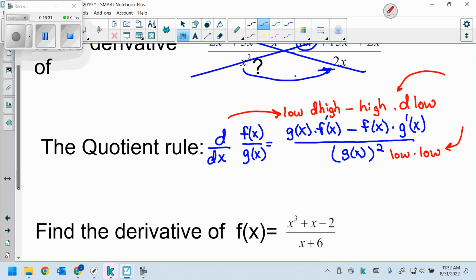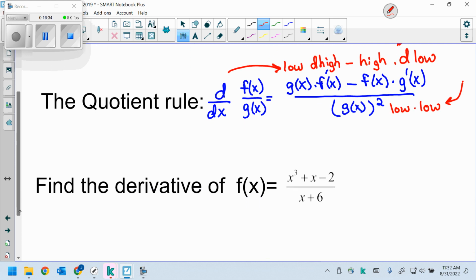So let's take a look at an example of the quotient rule here. Now this one does not simplify. And so if I want to find f prime of x, I'm going to take what's down low, which is x plus 6, multiply by d high, the derivative of the top, 3x squared plus 1, minus high, yikes, x cubed plus x minus 2 d low.